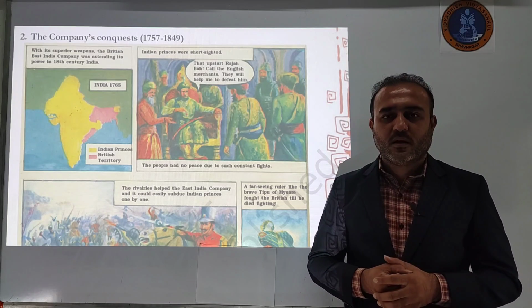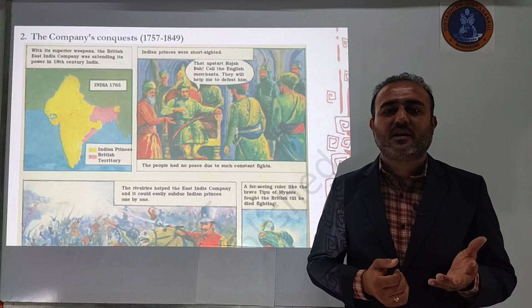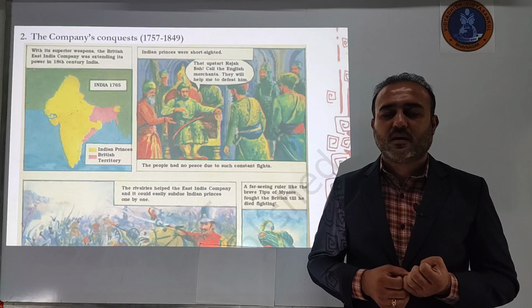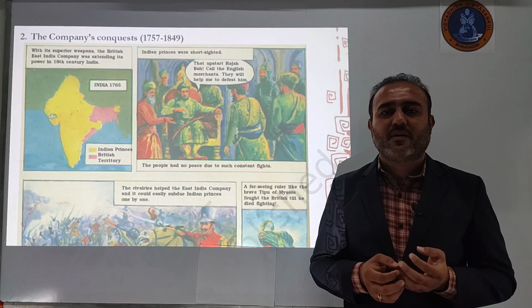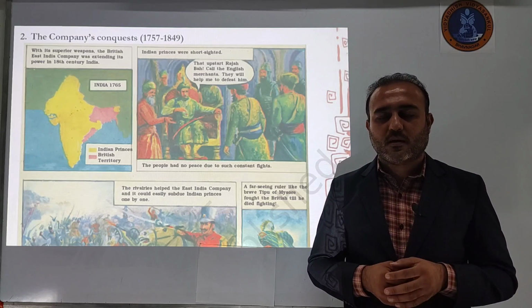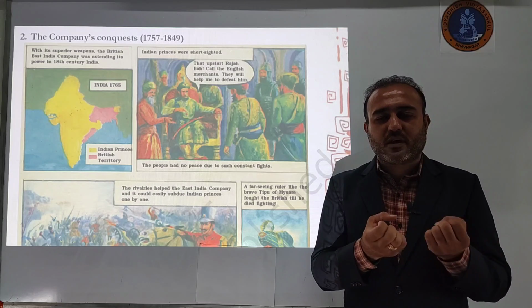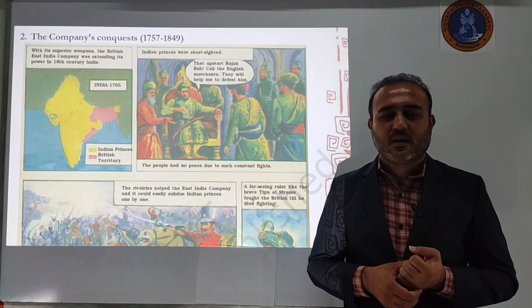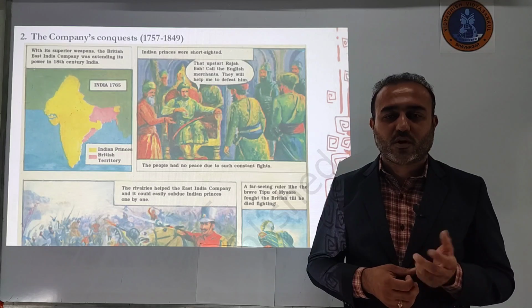This is how many of the Indian kings accepted the Britishers' policy. At the beginning they were very happy that they could now live peacefully, but slowly and gradually all of their powers were taken away by the British East India Company, and it was like a sweet poison, right?